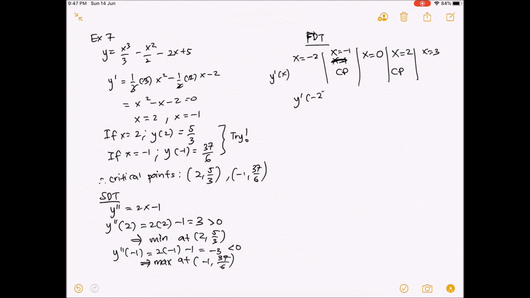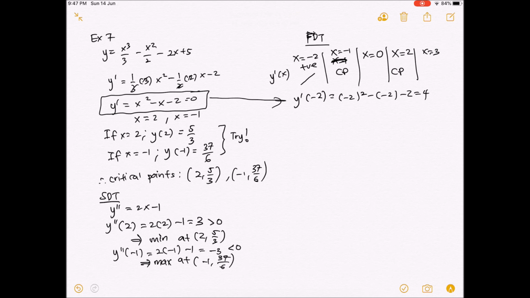Okay, y prime of -2. Remember, this is your y prime, so you have to use this function to substitute the value. -2 squared minus -2 minus 2, then I will have 4. 4 is positive, so my slope is increasing. y prime of 0, I will have 0 squared minus 0 minus 2, which is -2.